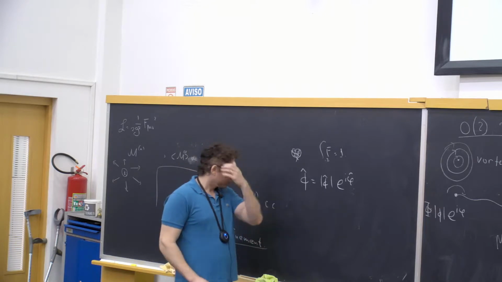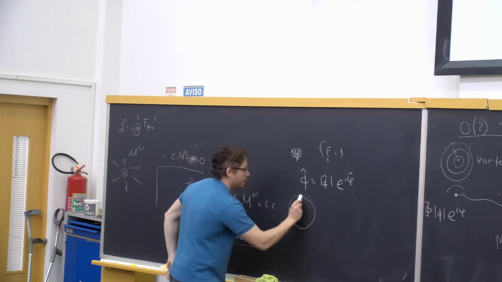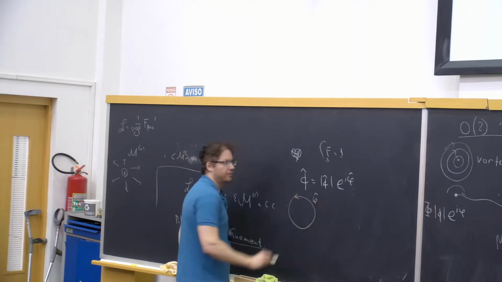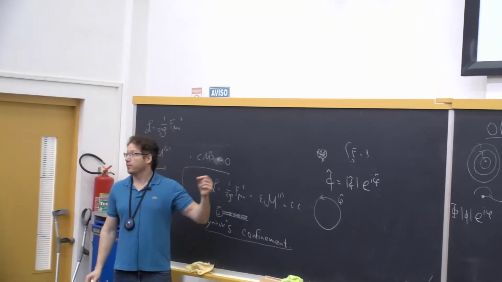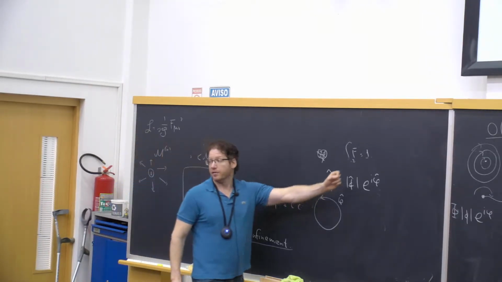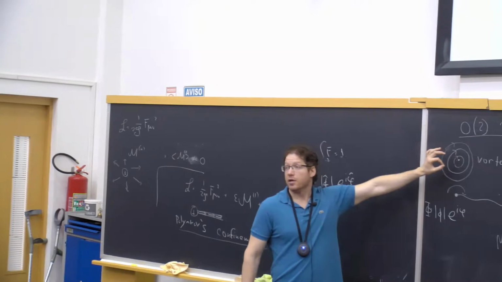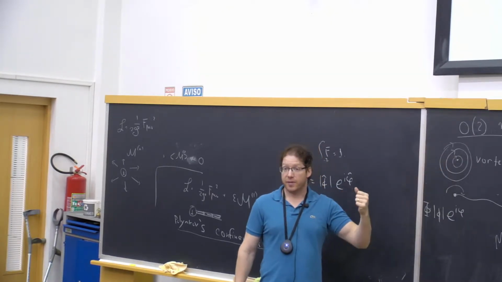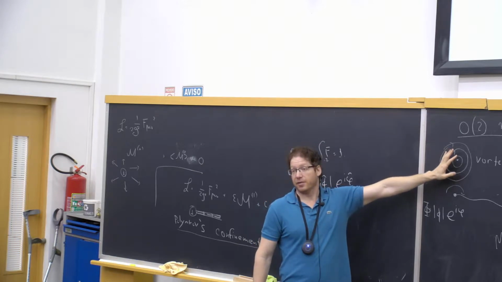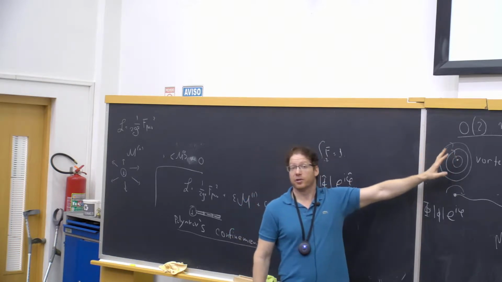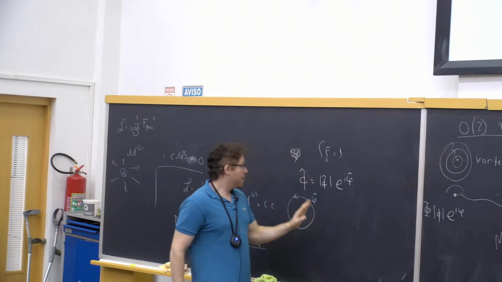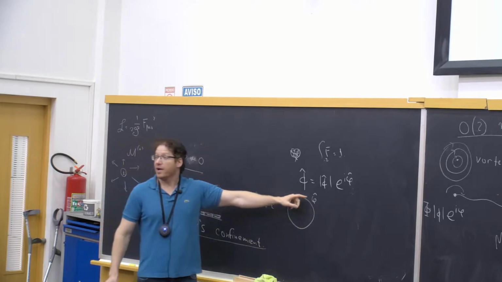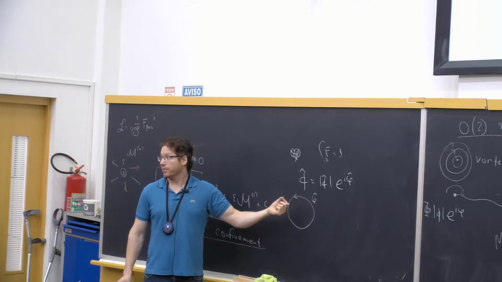Now, we can again consider configurations around which phi hat winds. But there is a crucial difference between these configurations now and the vortices in the broken phase of the O2 model. The difference being that there, this was a massless limit. That was the case where the Goldstone bosons were actually massless. But here there are no Goldstone bosons. The phi hat phase is eaten by the gauge field.